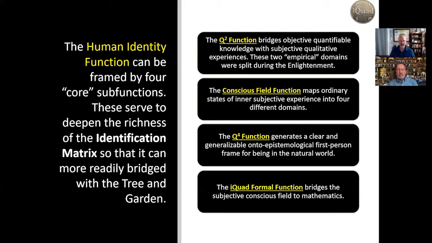And then finally, we go to the iQuad formal function, which bridges this work and at least creates an adjacent identity between all of the subjective conscious field material and mathematics. So the 4 functions are Q2, conscious field, Q4, iQuad formal. And that then brings us up to the next iteration, which dives into learning the background for the path at a more formal level.